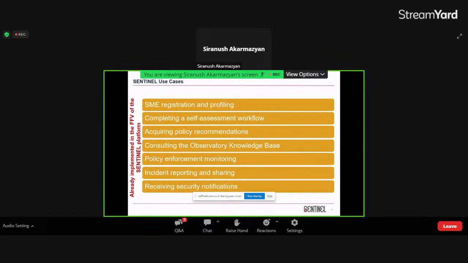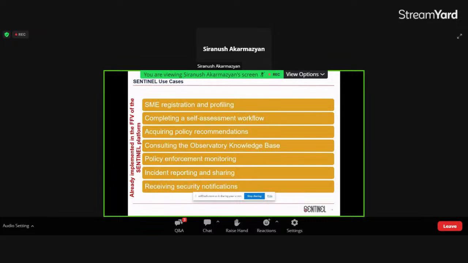Regarding use cases, these two pilots are going to test Sentinel through 7 different use cases that we have already successfully implemented within the Sentinel platform. The first use case is that SMEs do registration and profiling. The next is that registered SMEs complete a self-assessment workflow.